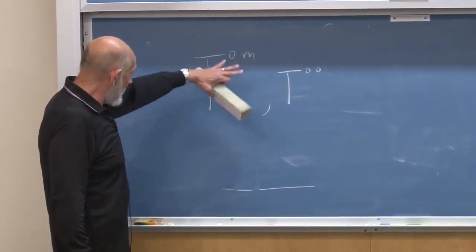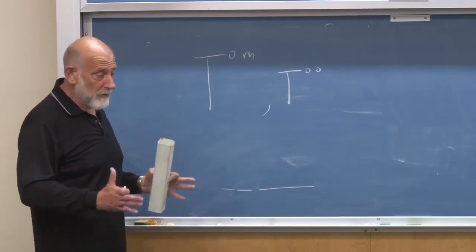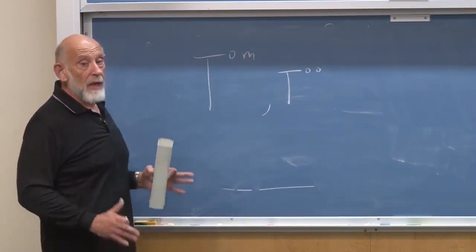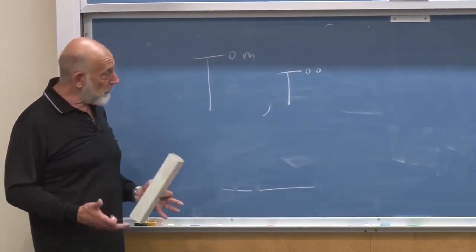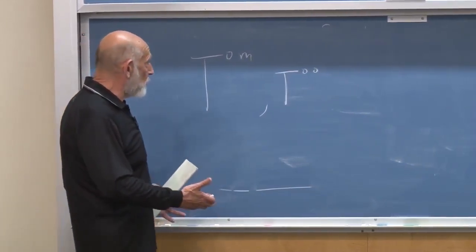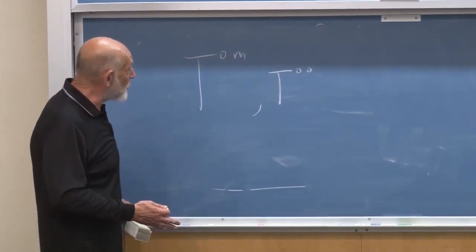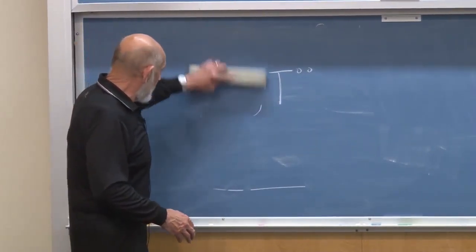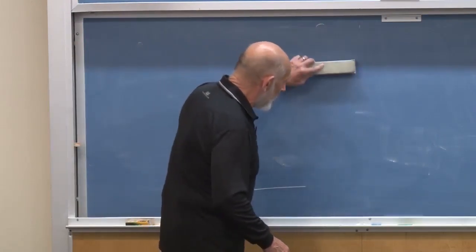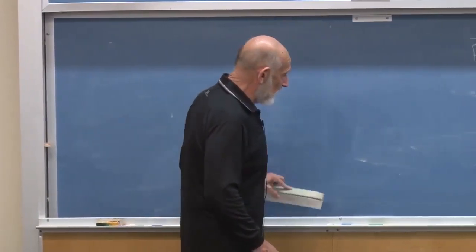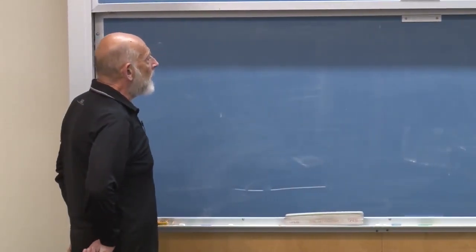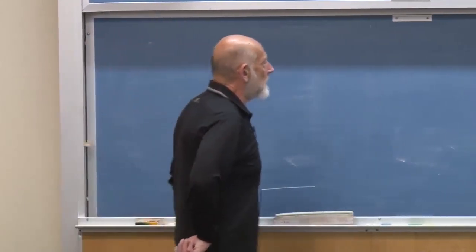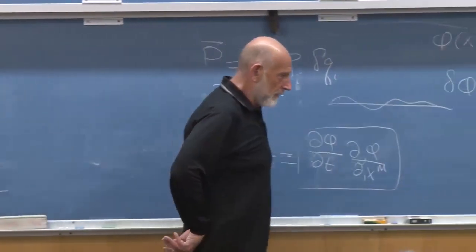But these objects are the fluxes and densities of energy and momentum, and they play a huge role in general relativity, where they are the sources of the gravitational field. So we have to come back to them, but not necessarily tonight. Let's talk about applying this to the electromagnetic field.